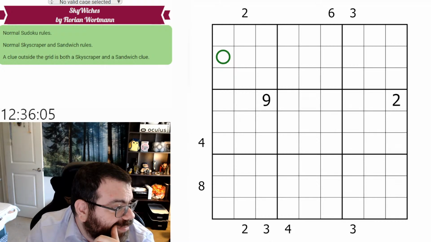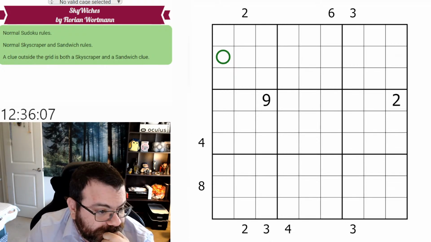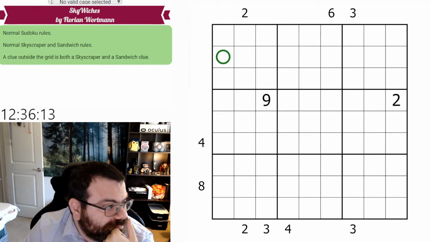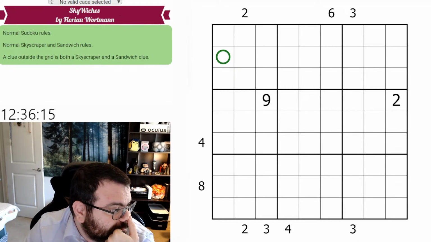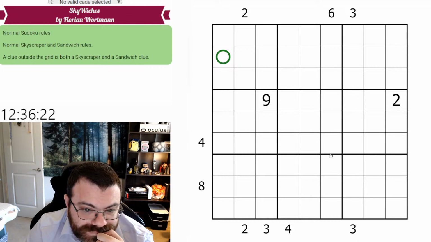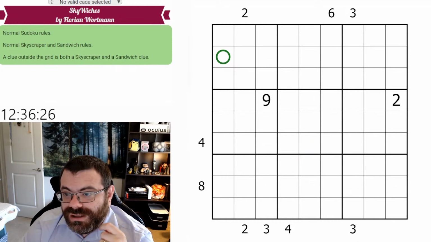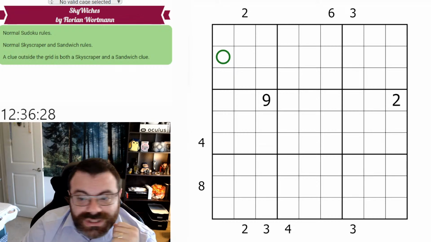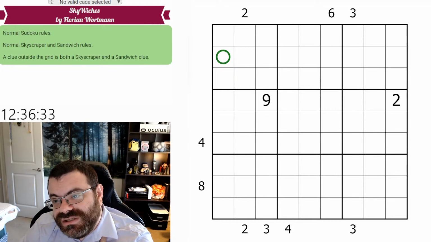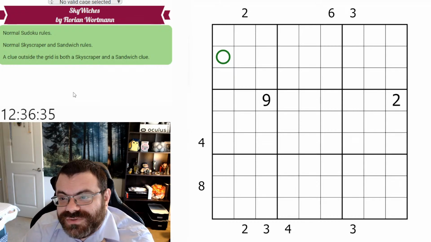That cell is row 2, column 1. All right, this puzzle is called SkyWiches without a T. Huh, so it's like sandwiches.